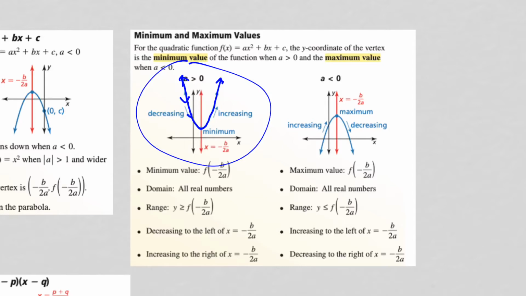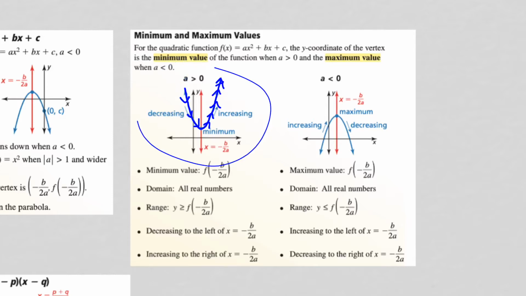So if I'm headed down going left to right, that's where I'm decreasing. This would be to the left of that axis of symmetry. If I keep reading it from left to right, then my graph is going up, so it's increasing on the right side of my axis of symmetry.